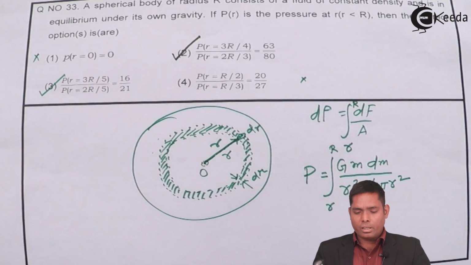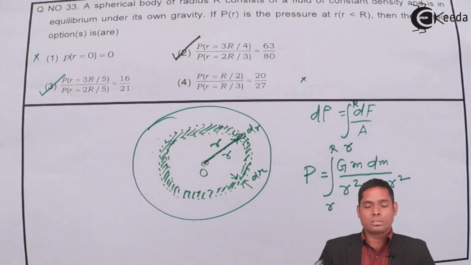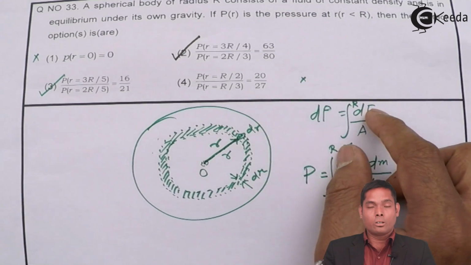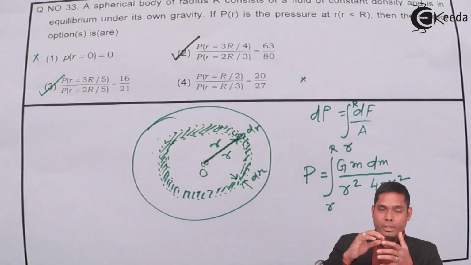So 2 and 3 are the only correct answers to this question. Basically what we've done is you have to consider the element, then find the force per area.